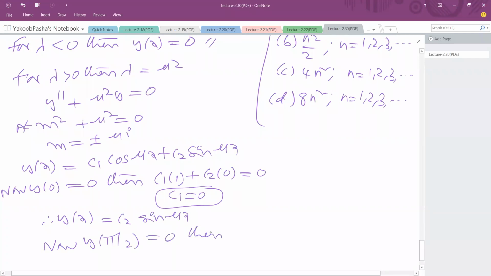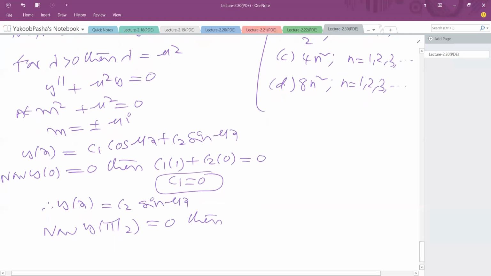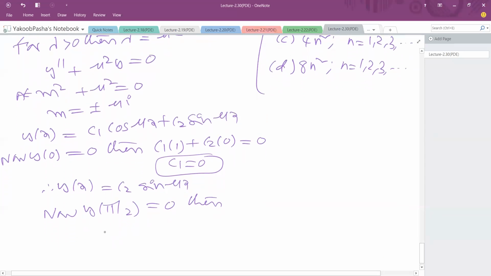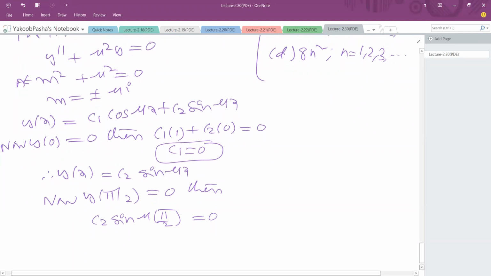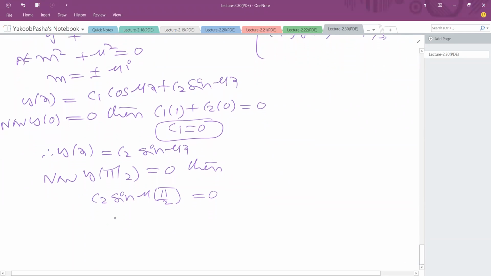Then y of pi by 2 is equal to 0 means c2 sin mu into pi by 2 is equal to 0. If c2 is equal to 0, we get a trivial solution, so c2 is not equal to 0. Therefore, sin of mu pi by 2 is equal to 0.